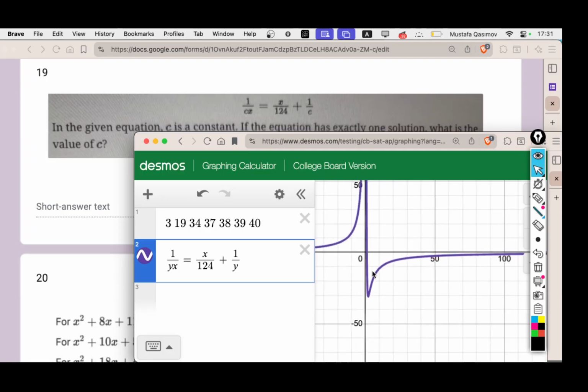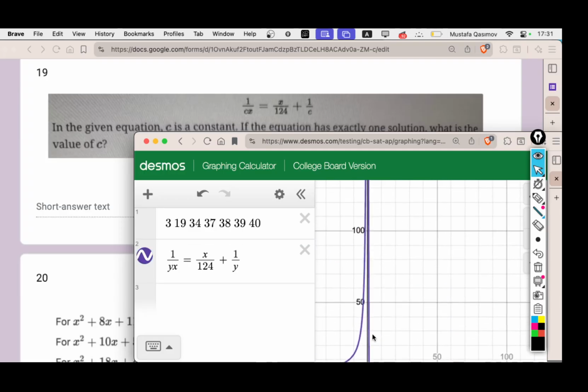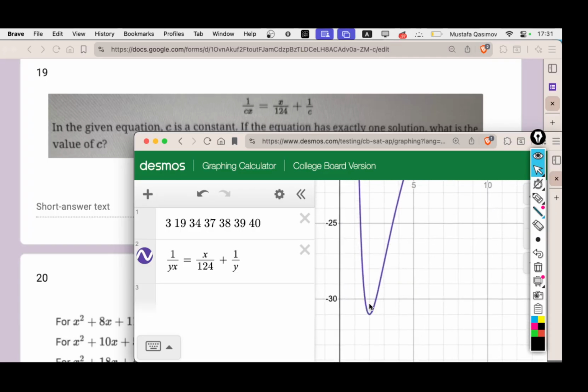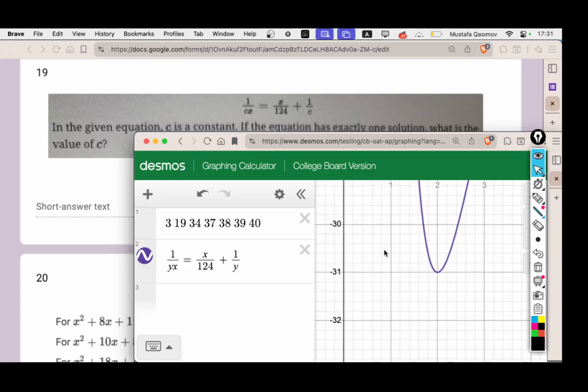Then you will get something like that. You can see that we have a minimum point here. What's the meaning of the minimum point or vertex? You can think of it also as a vertex. It decreases, then increases. So it is negative 31. Okay. So the answer is negative 31. Is it clear?